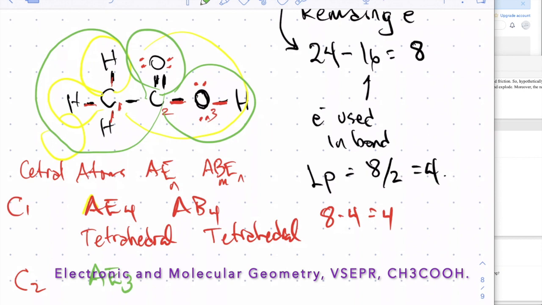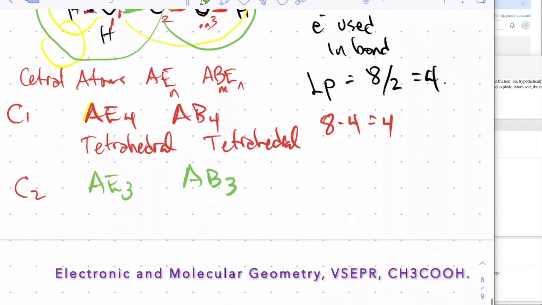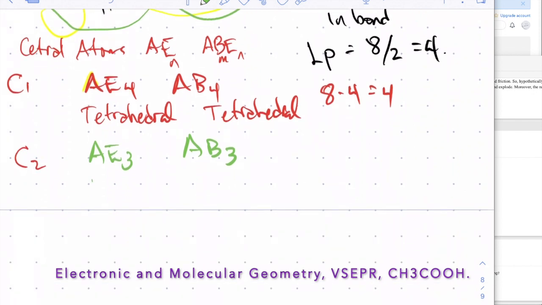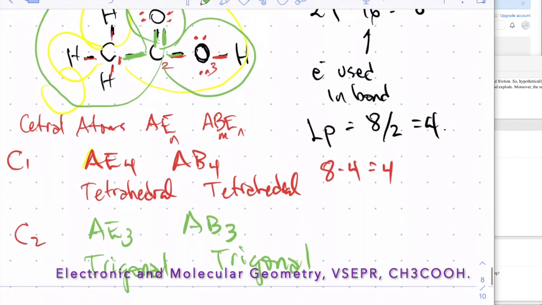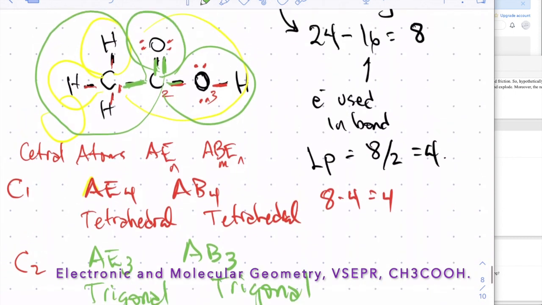In each one of these, and even though this is a double bond, it's counted as one region, there are 3 bonded atoms at the end, so it's AB3. So an AE3 designation is trigonal, and the molecular geometry would also be trigonal. So that would be the electronic and the molecular geometry.